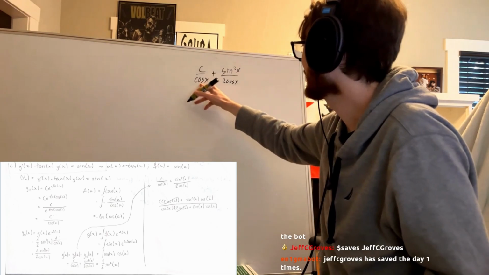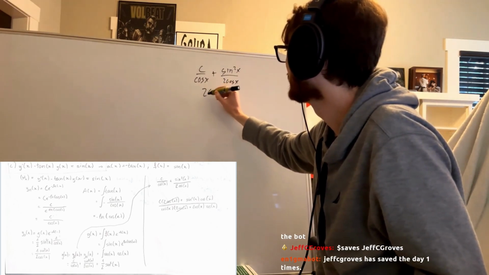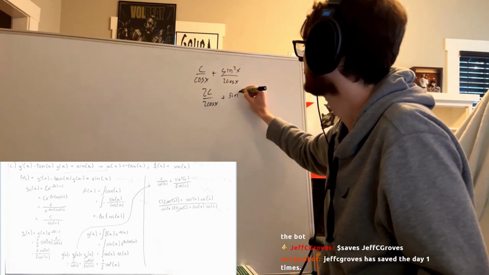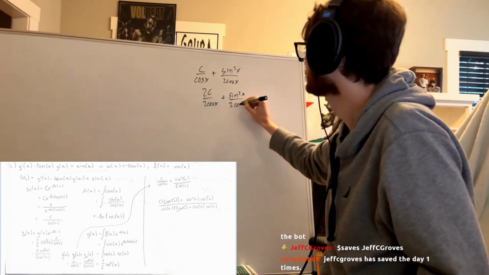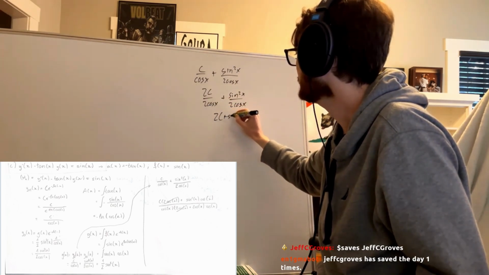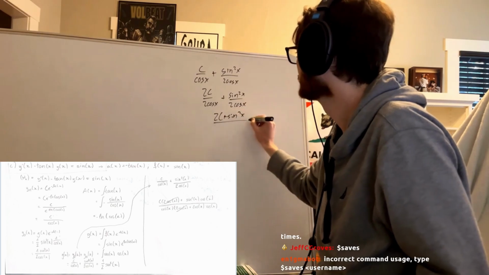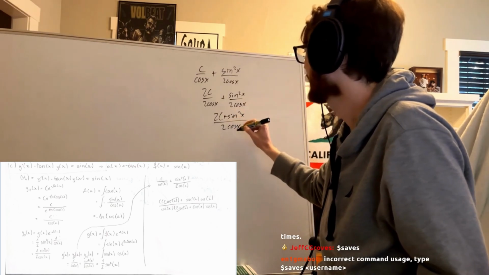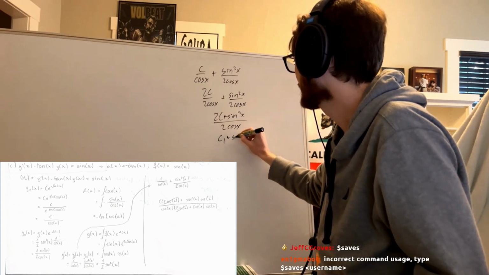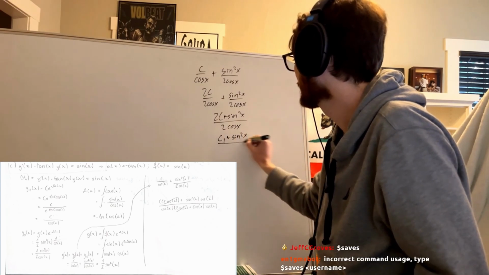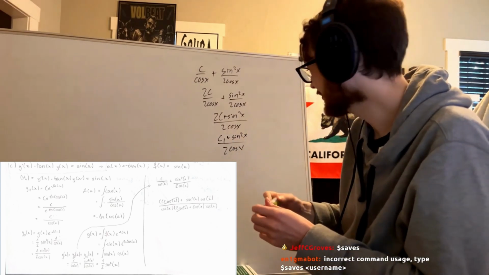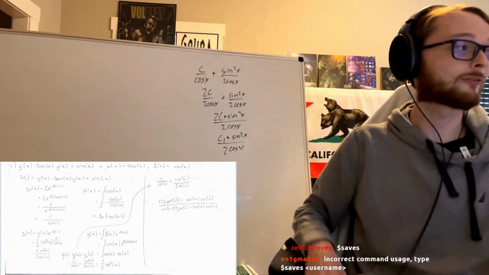So you get a common denominator by multiplying that one by 2 over 2. And then you can add the fractions. And then 2c is just a constant times a constant, so we're going to rename it to a new constant. Their solution said c sub 1, so let's just take that. Okay, I think that's all that they need. Maybe. I hope I'm not misinterpreting them a second time.